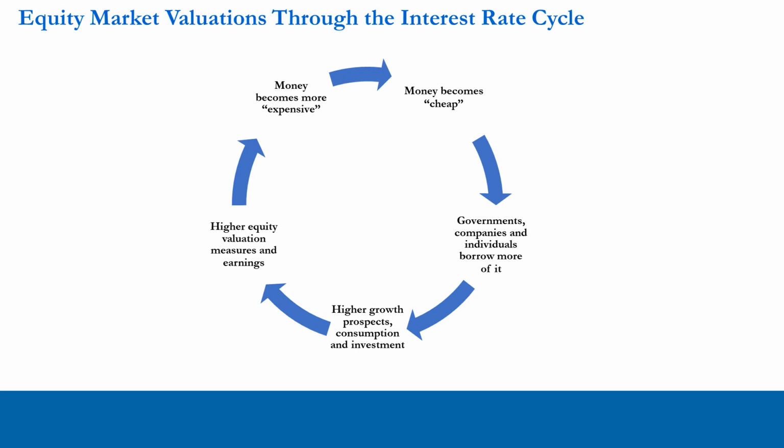In response to that, money becomes relatively more expensive than before. Money becomes higher in price. It becomes more expensive. And then we have an end to the economic cycle where the economy resets to an equilibrium level. And then we begin again. Money becomes relatively cheaper and we enter another high growth phase.